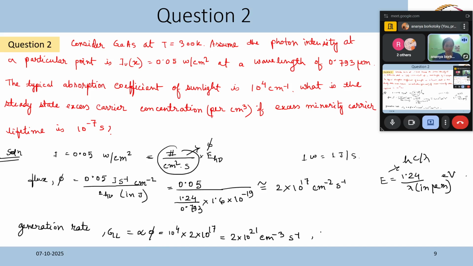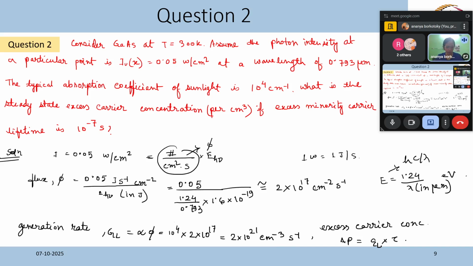So what is the excess carrier concentration? Delta P or delta N will be the generation rate multiplied by the lifetime, for the time the carriers are present.